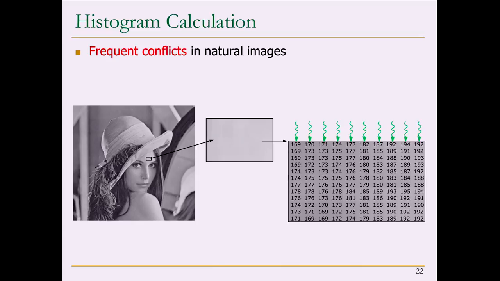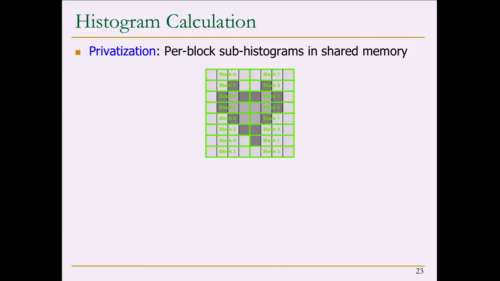In the example on the slide, all the pixels in the forehead of this woman are more or less the same color, so their values are very similar. It's going to be very frequent that two or more pixels executed at the same time, belonging to the same warp, have to read different pixels containing the same value. So when we generate the histogram, they will have to update the same bin. Atomic conflicts are going to be very frequent in this kind of computation.